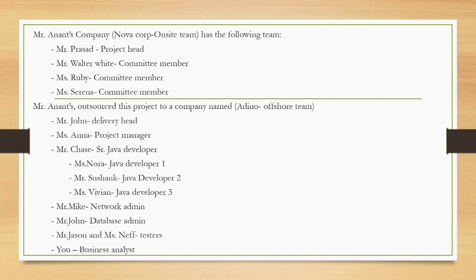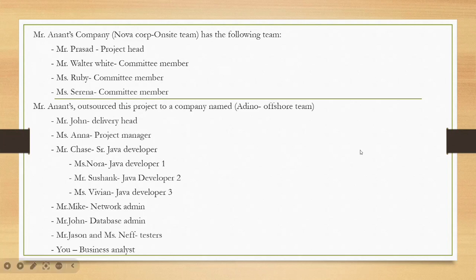And Mr. Jason and Nef, these two people, are testers. And you will be acting as a business analyst here. Okay. So this is your team at Adino Offshore. You will be working for this company, and in it you will be the business analyst according to this case study, and you need to use these resources to complete your project.